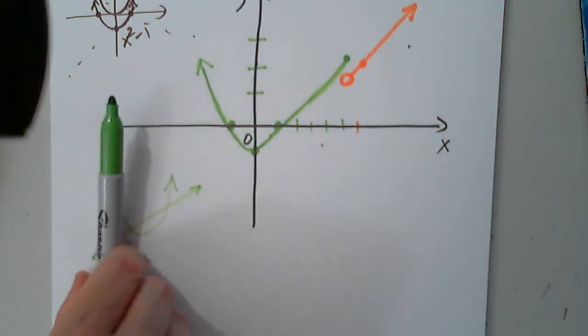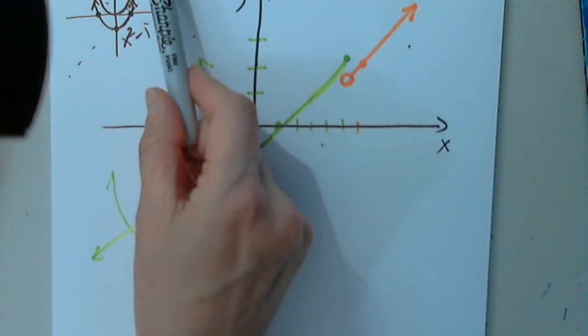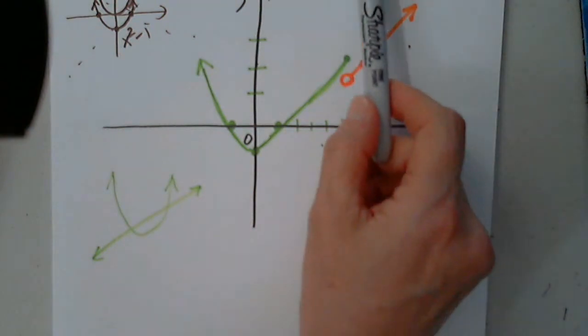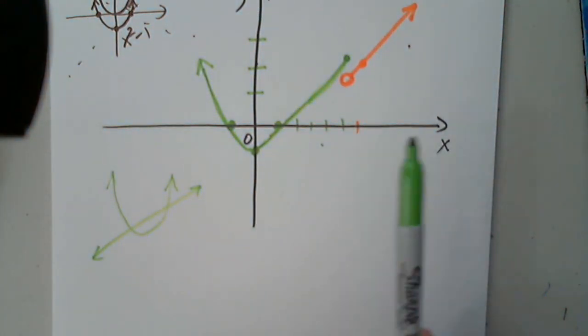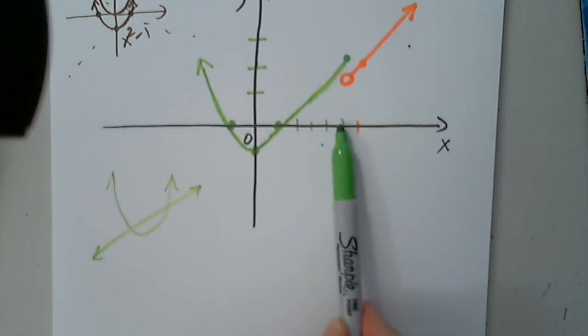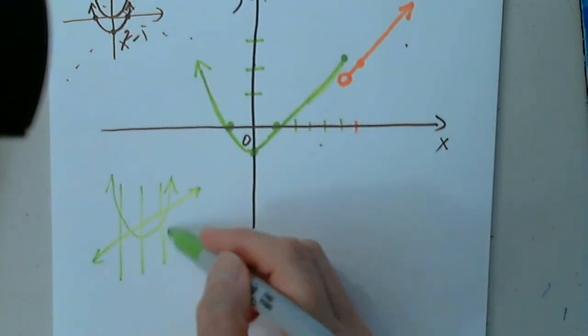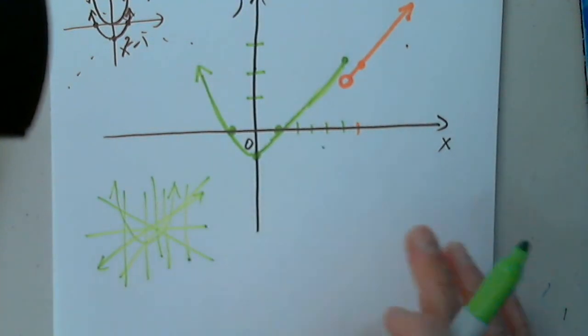This is not a function. The green piece is between -infinity and 5. The orange piece is between 5 and infinity. -infinity and 5, green. 5 and infinity, orange. Something like this is not a function.